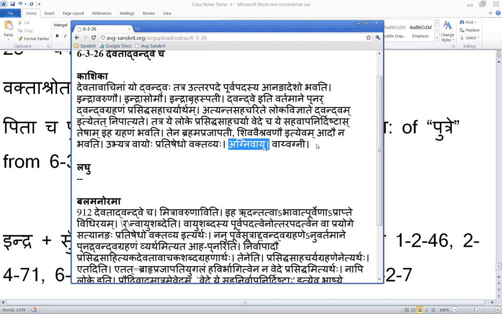Then Vayu Agni, same thing. Whether it is a Purapadam or Uttarapadam, it doesn't matter. When Vayu is involved in the compound, you will not get the Anangadesha.